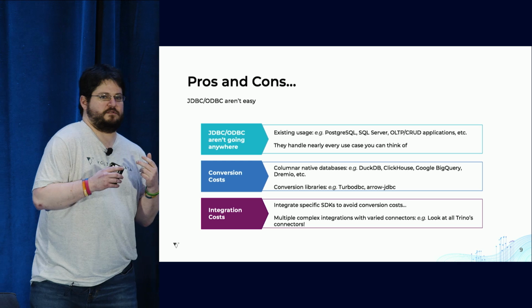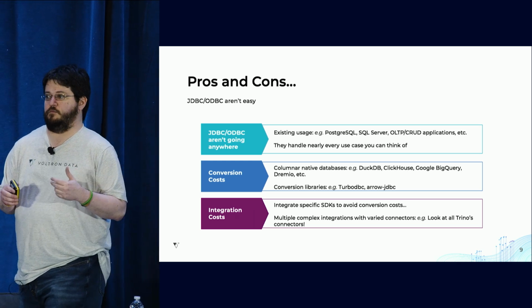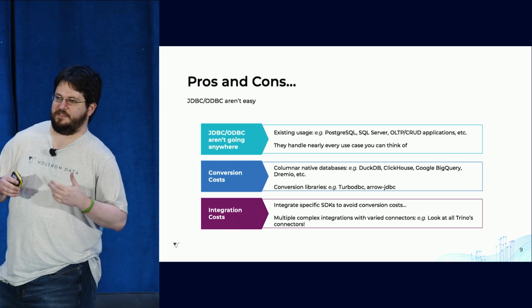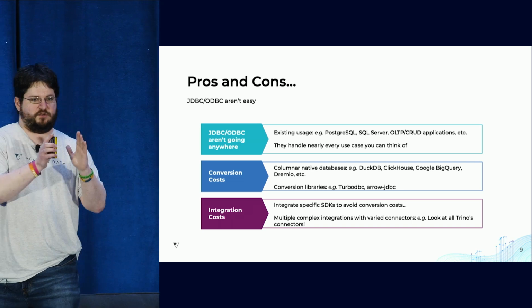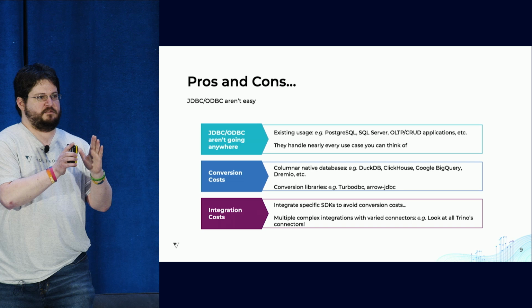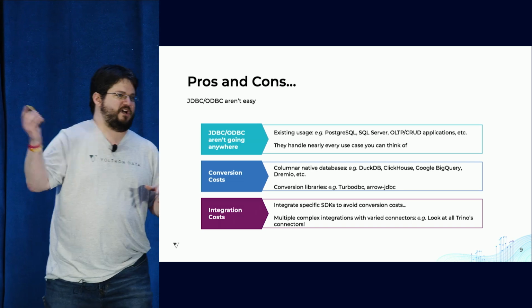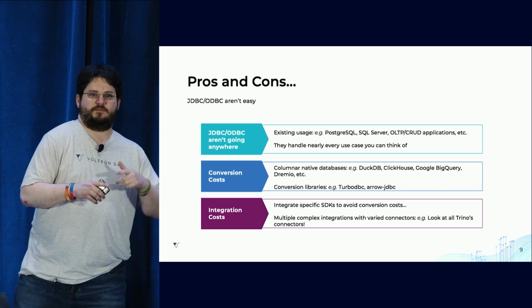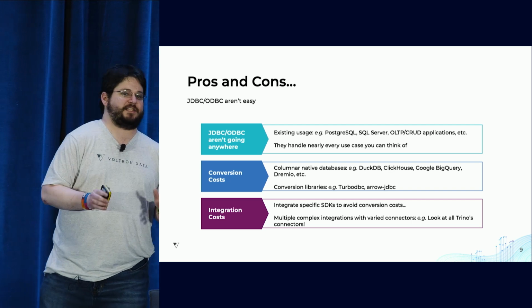So, JDBC and ODBC exist for a reason. When they were created back in the 80s, the idea was making it easier on application developers, so you only had to write against a single API, but you could access tons of other databases and just swap out drivers, which is a good thing. Except that data then and data now, and computers, have changed a lot.